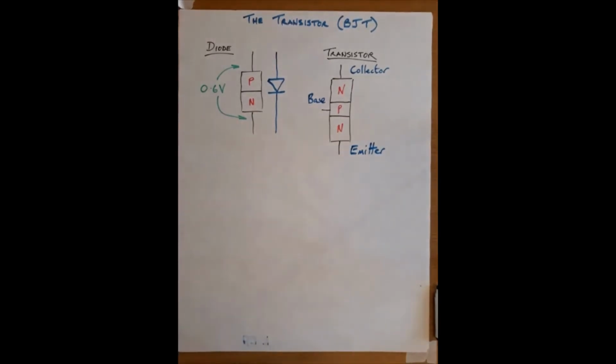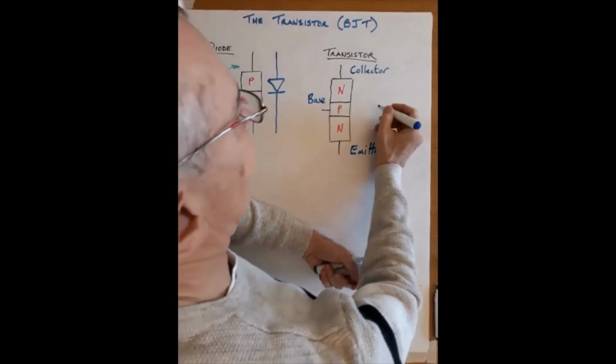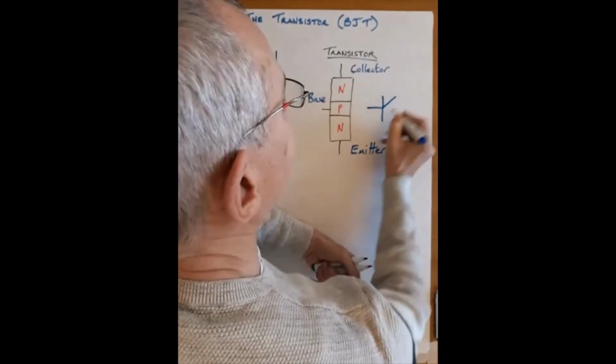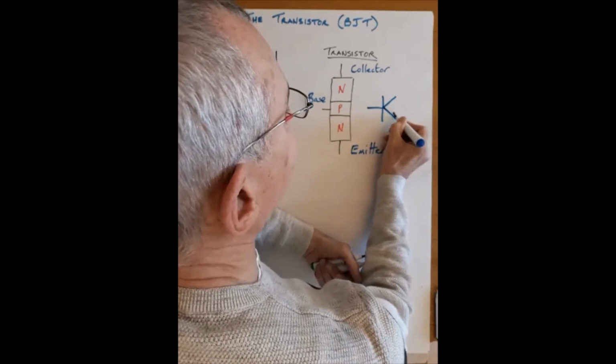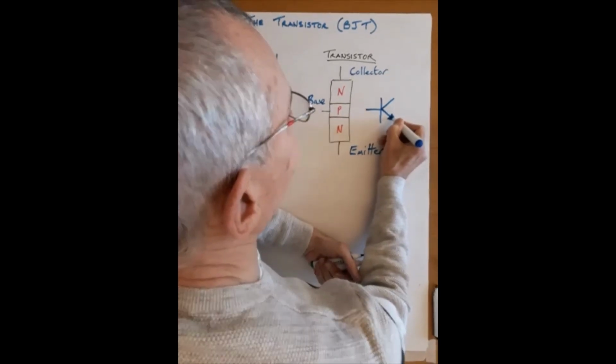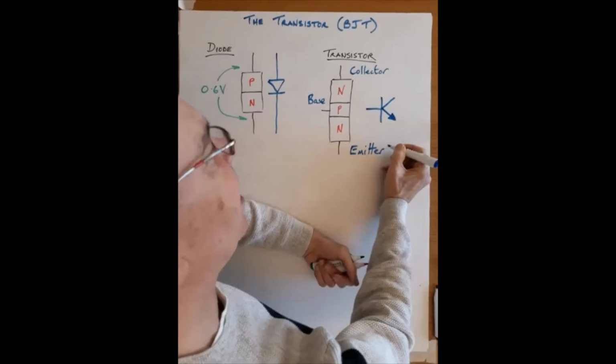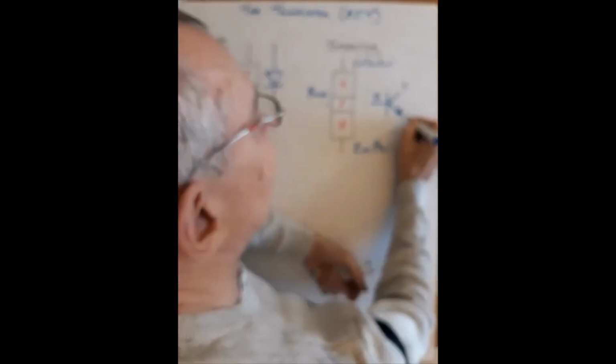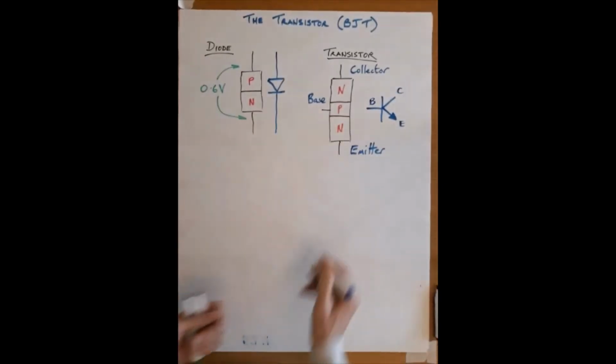So collector, base and emitter, and as a symbol that now looks like this. So that's the basic symbol: base, collector and emitter.